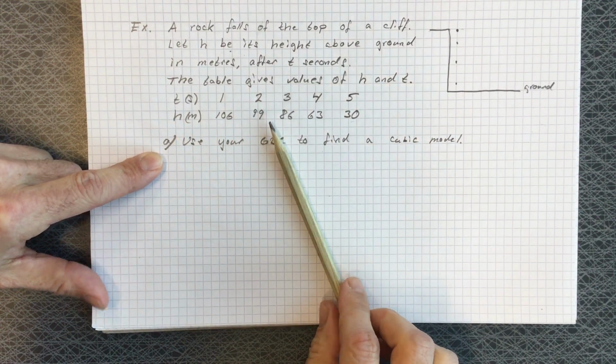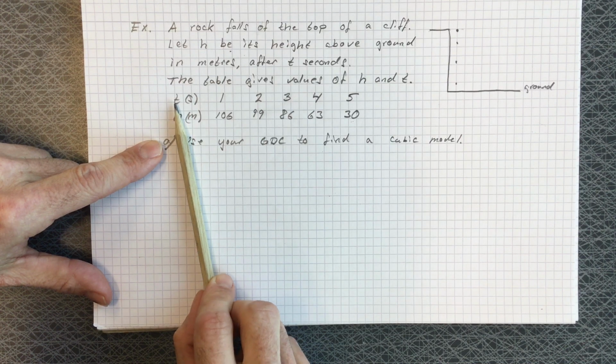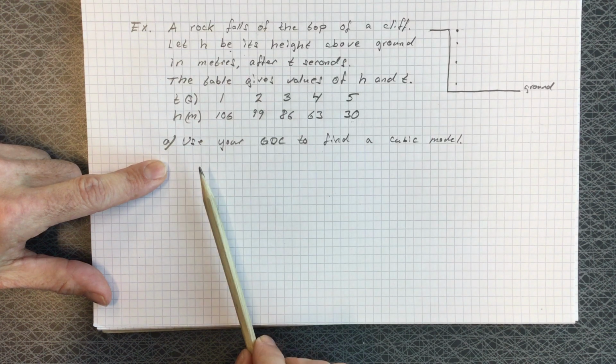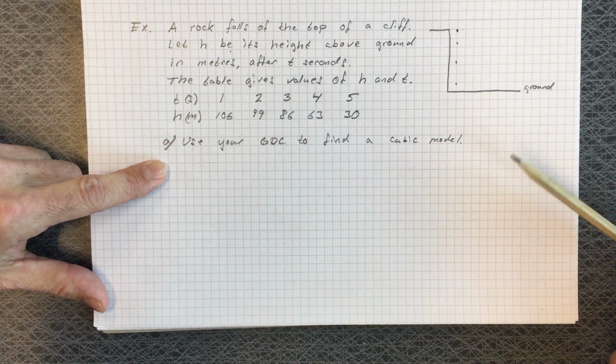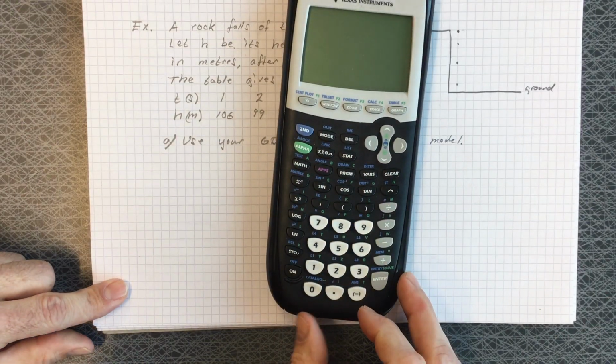So I want a cubic model where h, the height, depends on the time. So I would like to find a constant that describes the height with the time. And I will show you how you do that with your calculator.